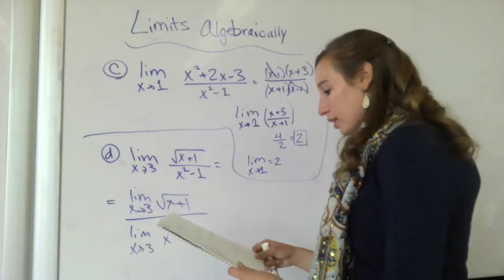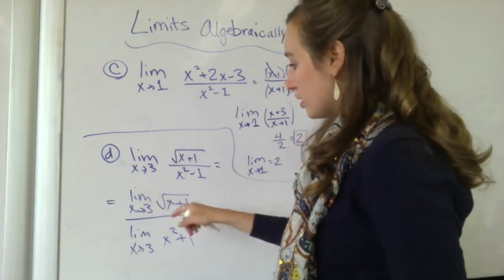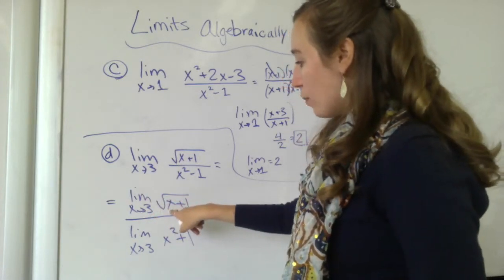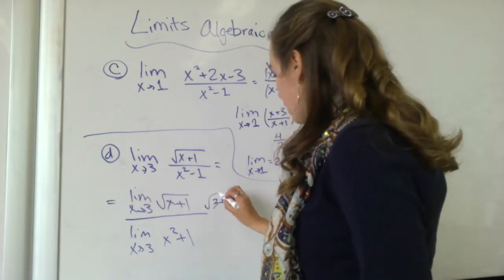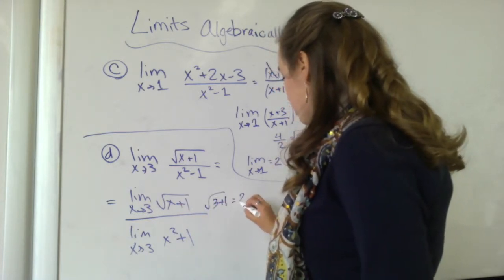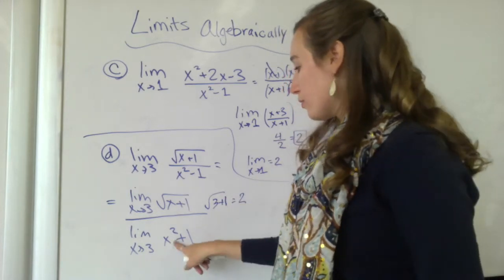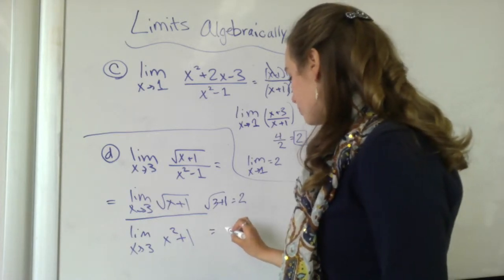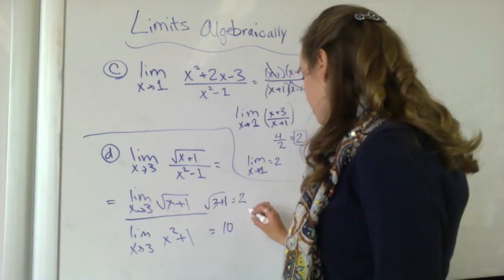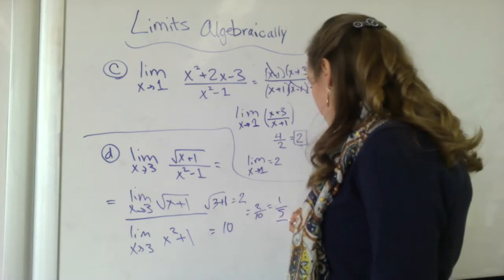So for this, now we would just plug this in. As x approaches 3, just for the top, you're going to get 3 plus 1, the square root, which is 4. The square root of 4 is 2. So on the bottom, your square of 3 would be 9 plus 1 would be 10. So you end up with 2/10 or 1/5.